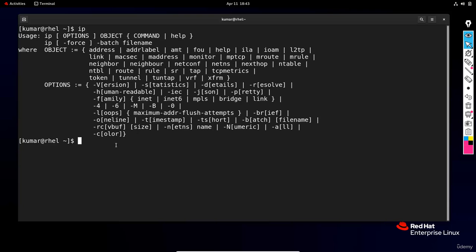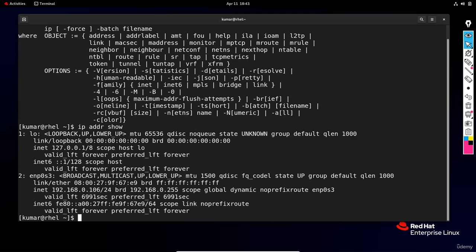You can use any here. When you run the ip addr show command, it is used to check the IP address of this computer. Right now you can see there are only two adapters connected.